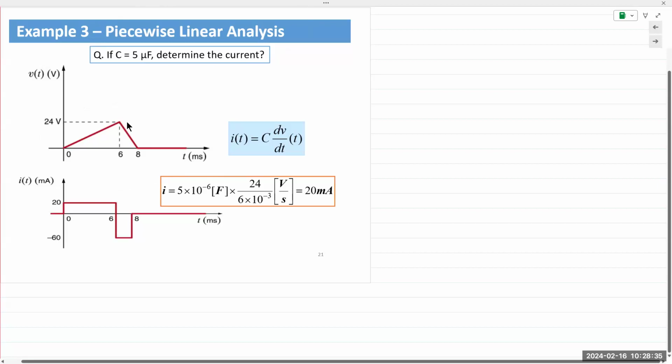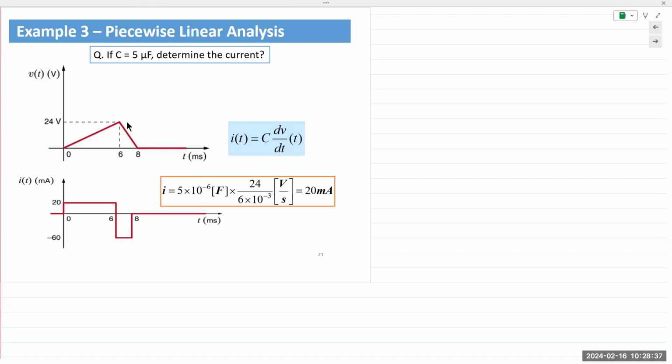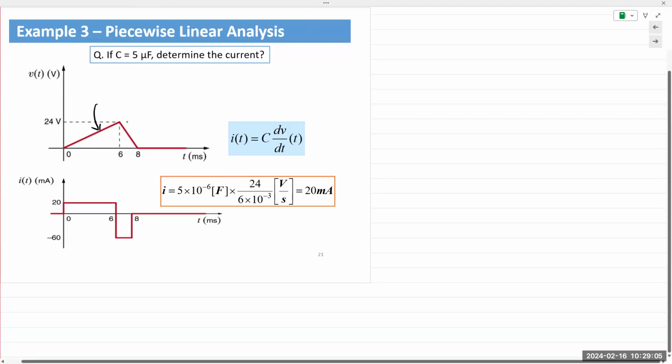Depending on the input signal, if it is possible, we would break it up into smaller individual pieces, and each piece would have a linear relationship with time. Again, it may or may not be constant with respect to time, but it should have a linear relationship with time. The purpose is that in this technique, we can describe each piece as a straight line.